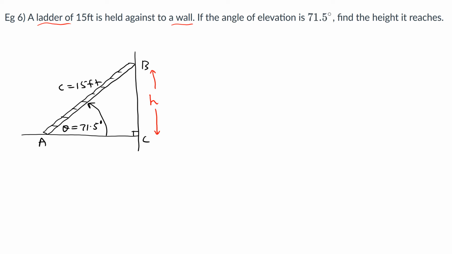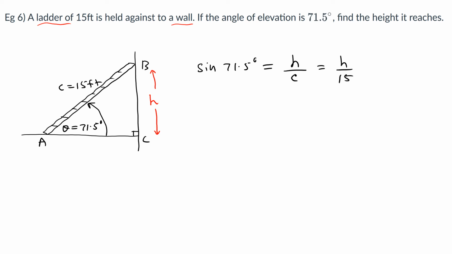We use the triangle ABC to find this, and we can write any ratio in this case. But since we are looking for the height, and since we know the hypotenuse, the best choice is to write the sine. If you write tan, it's useless because we don't know both sides. So if you write sine, the angle 71.5 is opposite, so sine is h over c, which is h over 15.